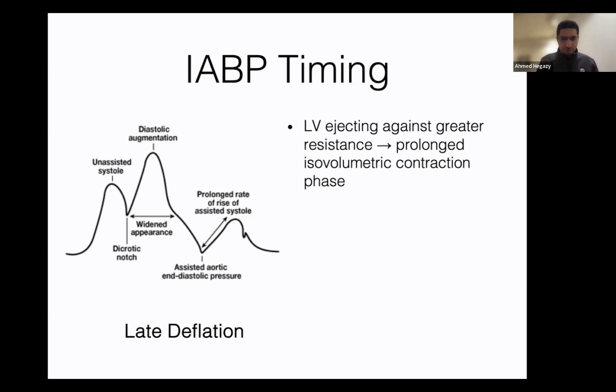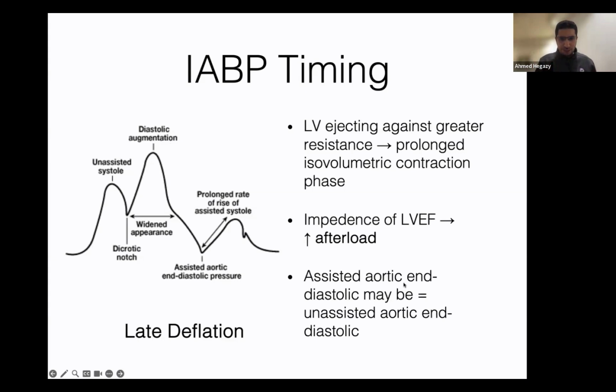You'll get a prolonged isovolumetric contraction phase. You'll get an impedance of left ventricular ejection, an increase in afterload, because now your balloon pump is inflated during systole. And your assisted aortic end diastolic pressure may be equal to your unassisted aortic end diastolic pressure.